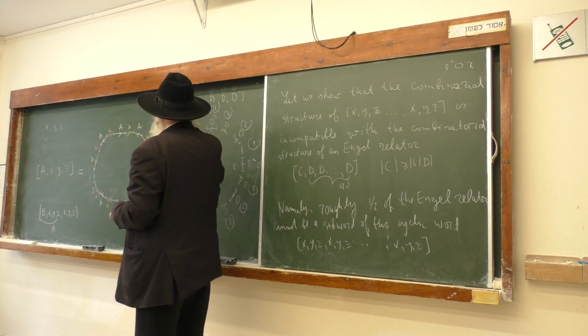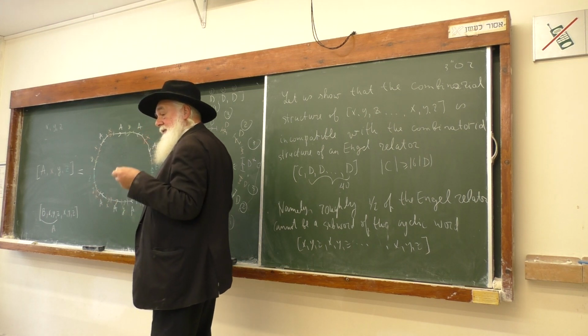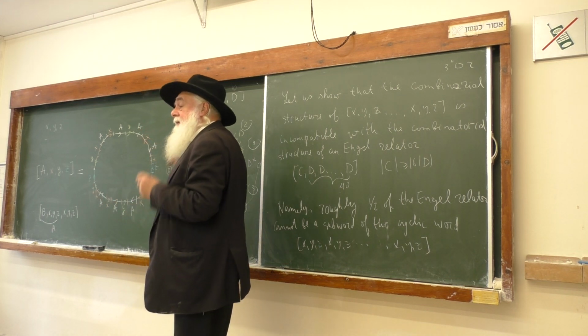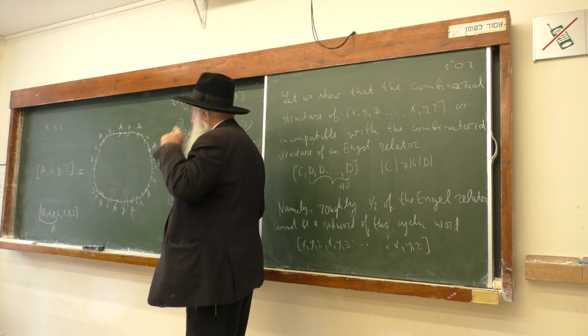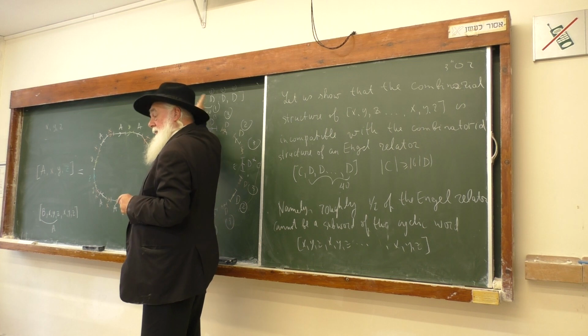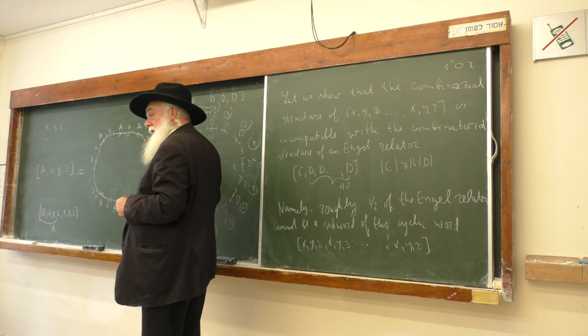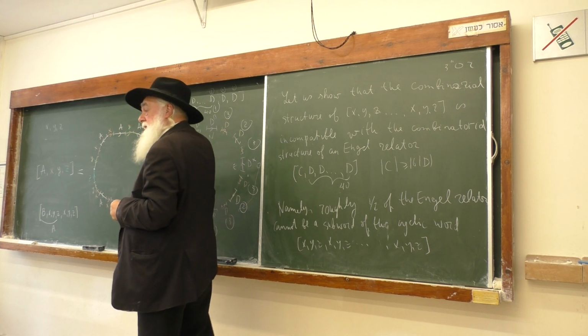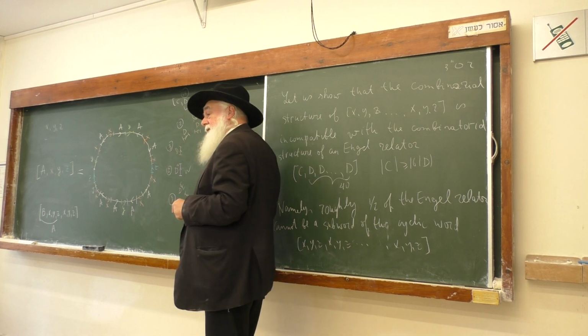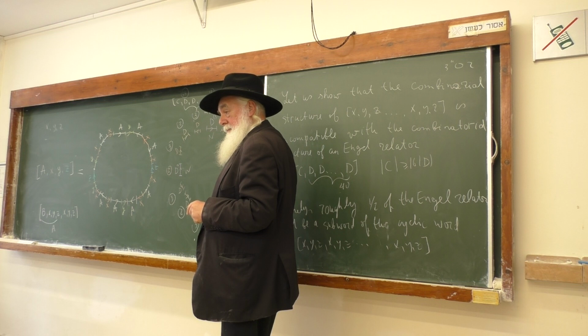So for the next one there will be 16 of them, etc. In between we have the word C, which will appear 2 to the power 40 times, and its exponent will also be 1, negative 1, 1, negative 1. It will just change this. So this is precisely the combinatorics of the angle relator.